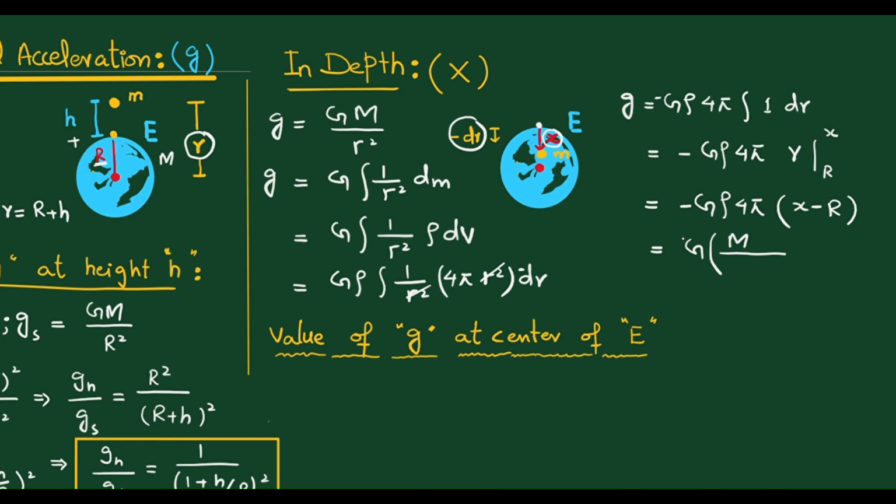The mass of the earth is capital M, and the volume, we know that the spherical volume is 4 by 3 pi r cube. So it is the value of density multiplied by 4 pi and R minus x.